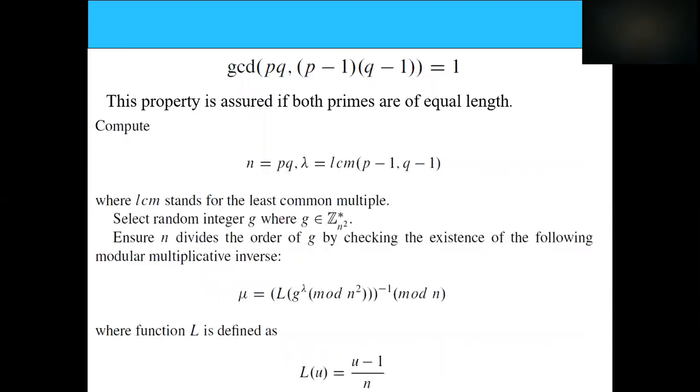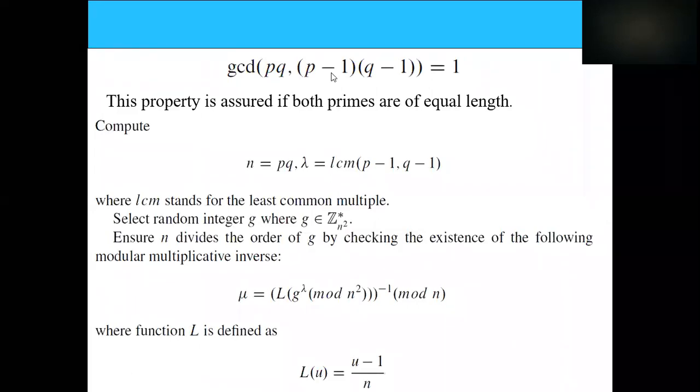The GCD of pq and (p minus 1)(q minus 1) must be 1. This property basically assures that both primes have equal length. Compute n as p times q, and lambda as the LCM of p minus 1 and q minus 1.